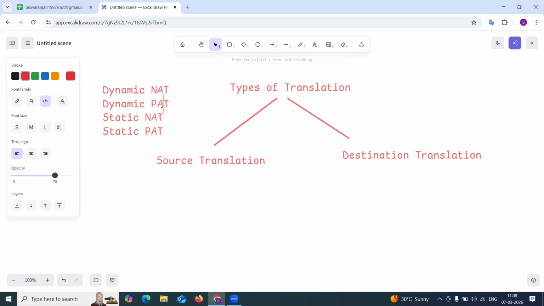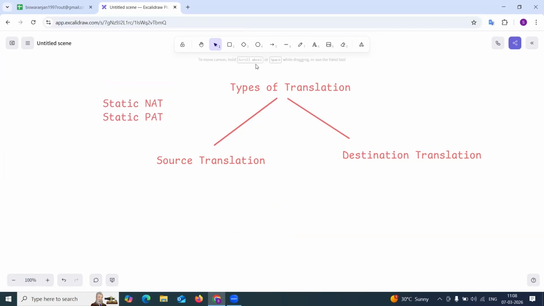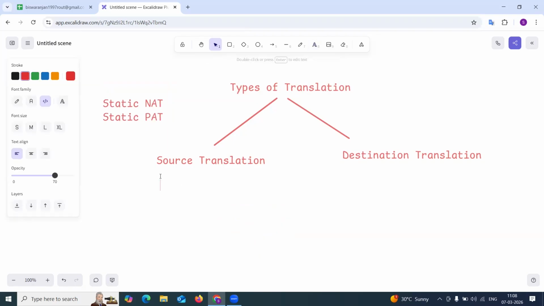Most of the time, I'm not saying all the time, most of the time, like 95% of the time, we use dynamic NAT and PAT for source translation.